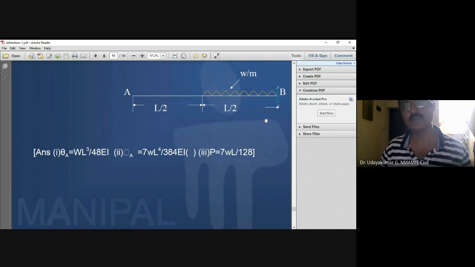This is x, this is x minus L by 2, omega into x minus L by 2 into x minus L by 2 divided by 2. That is the bending moment at this section. There is no reaction.